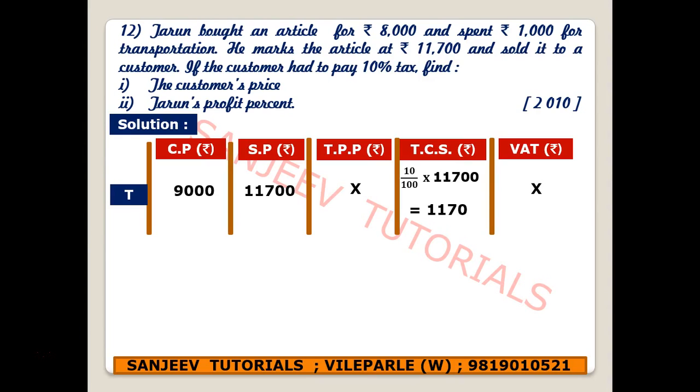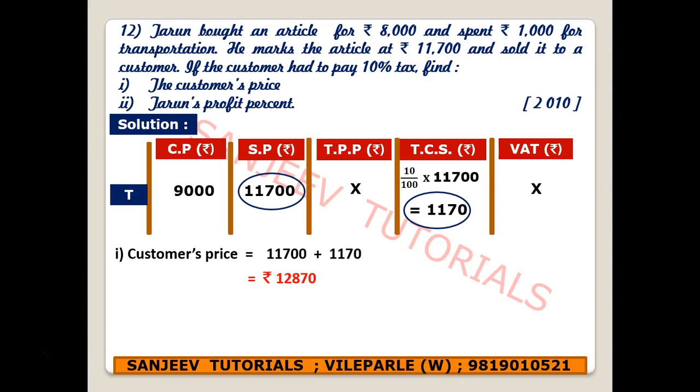In the question, the first part is find the customer's price. The mark price of the article was 11,700 and tax collected on it while selling it is 1170. So the customer's price will be 11,700 plus 1,170. So it will be rupees 12,870.